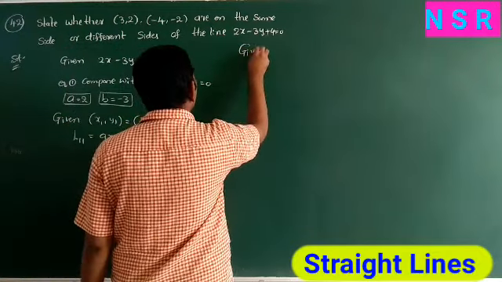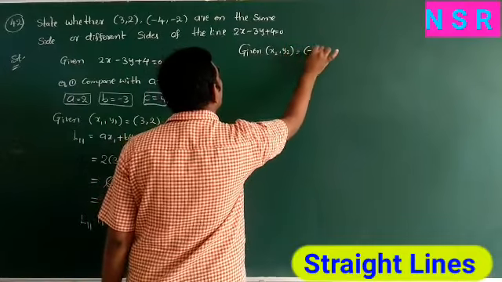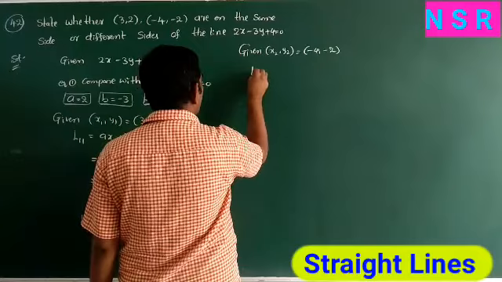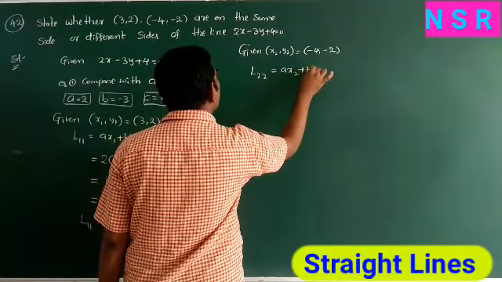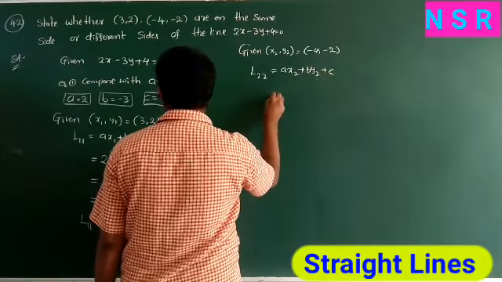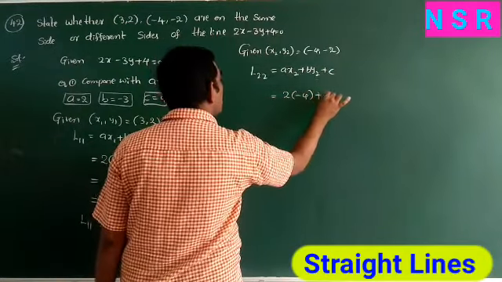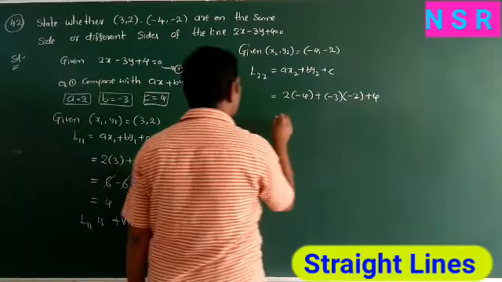So next, find L22. Here the given point is (x2, y2) = (-4, -2). So L22 = ax2 + by2 + c. Here a value 2, x2 value -4, b value -3, y2 value -2 and c value 4.